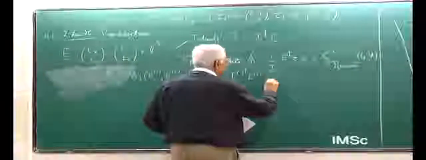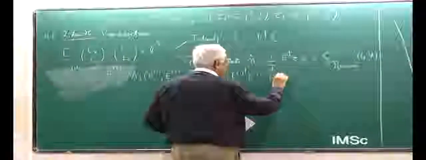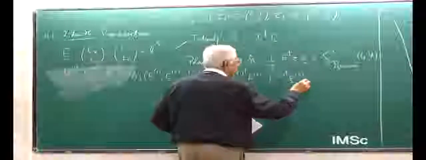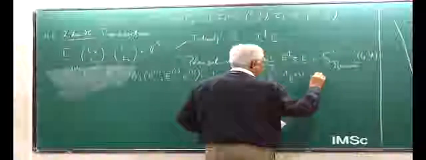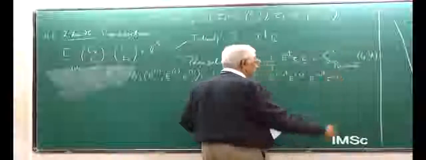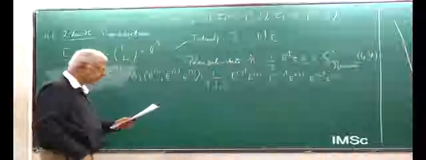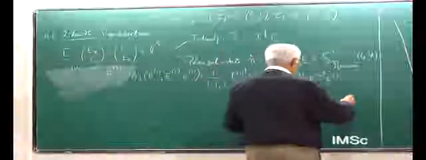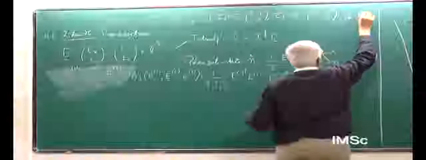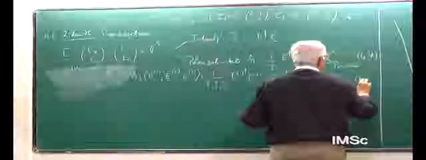The next will be E2 dagger E3, and the last will be E3 dagger E1. So this is the Bargmann invariant for this problem. By the way, this was equation 4.8, and this is 4.9.